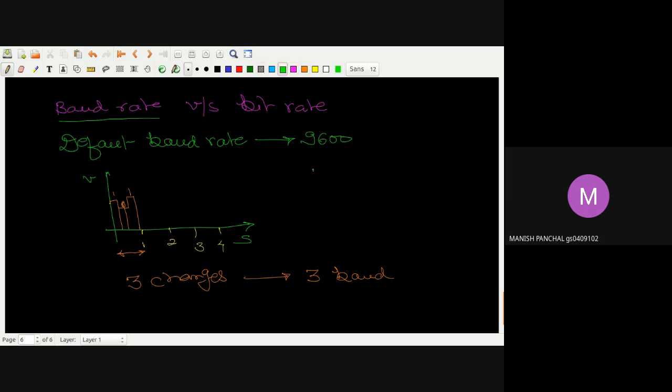In the case of the bit rate, for example, okay, again I will use some ticks.